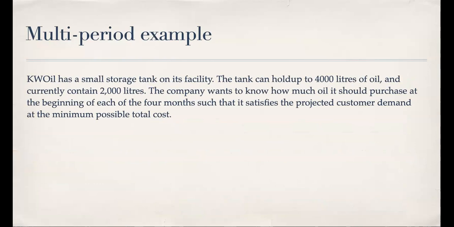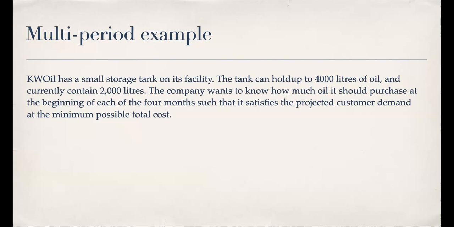Okay, before we start the program, let's say currently we have 2000 liters of oil, and then we plan to purchase more oil. We can purchase right away at the beginning of the first month, or we can later purchase more oil at the beginning of the second month, third month, or the fourth month, right?